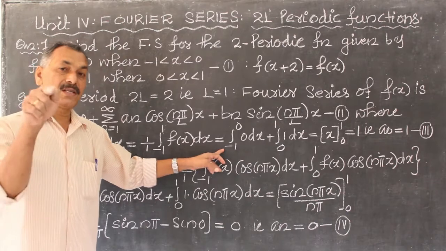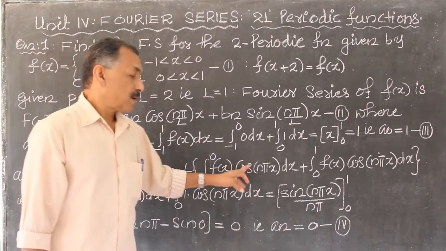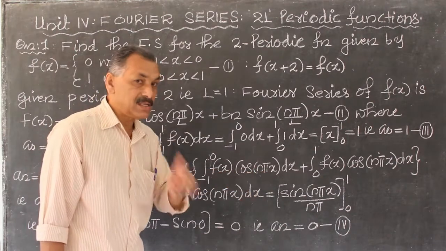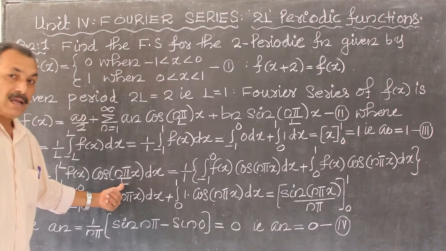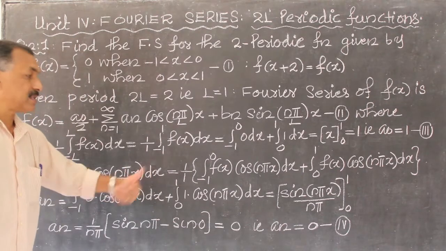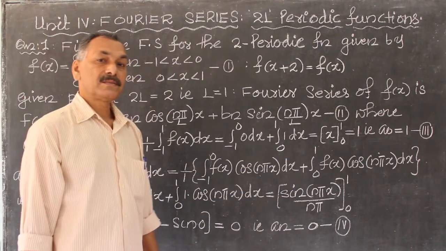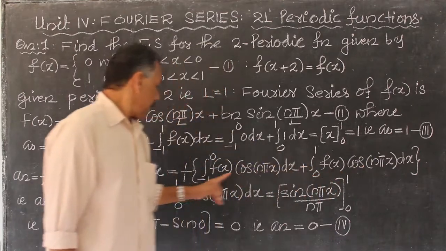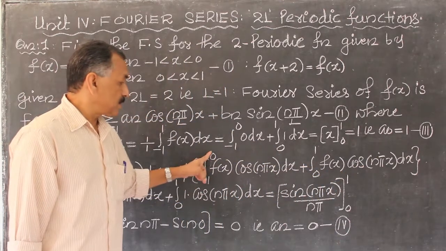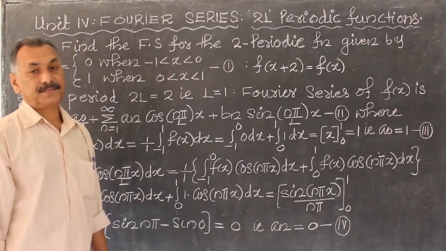That -1 to 1 is divided into -1 to 0, f of x into cos n pi x dx, since L is equal to 1, plus integral 0 to 1 f of x into cos n pi x dx.